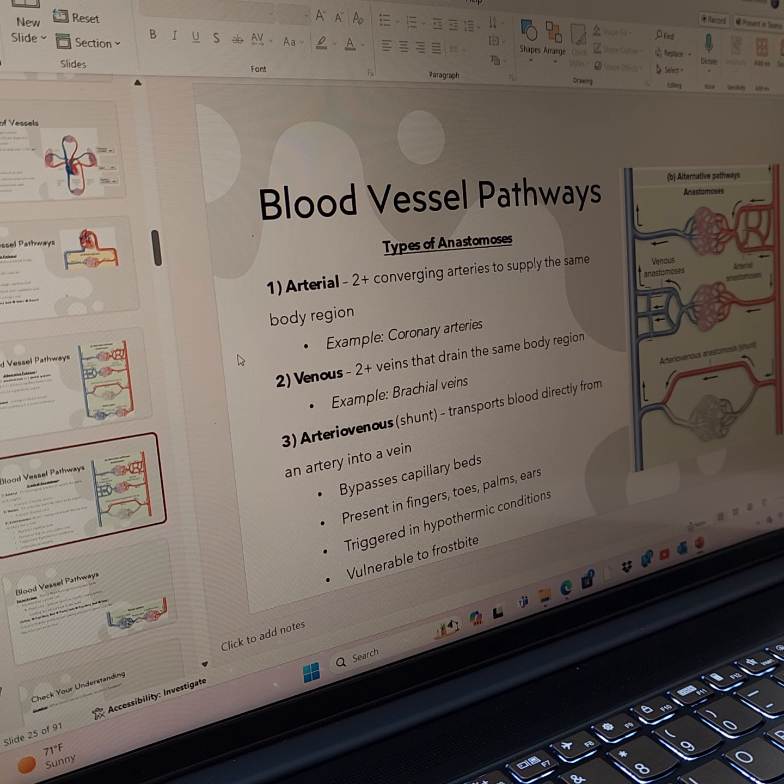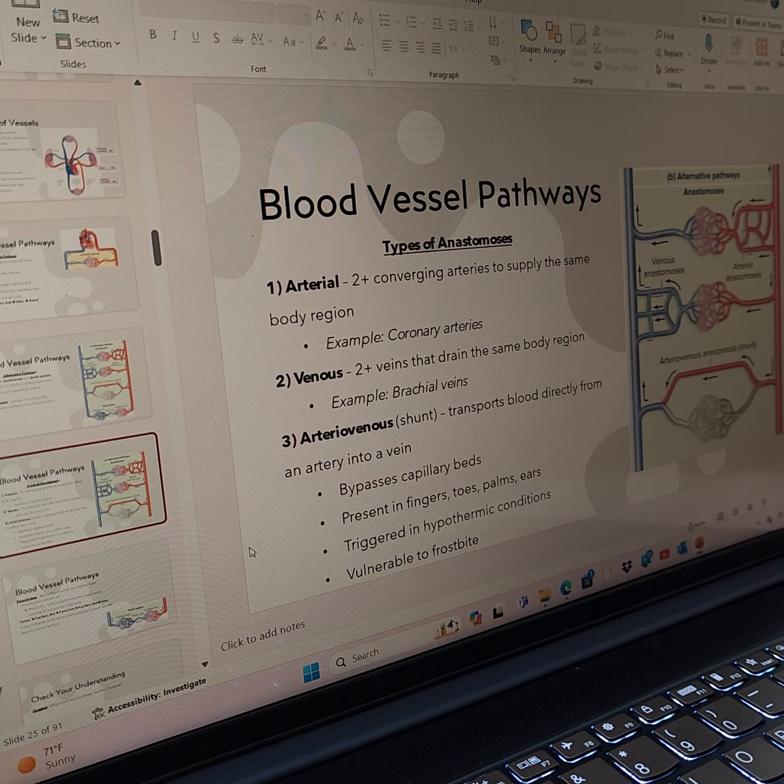There are three types. Arterial: two or more converging arteries supply the same body region. This happens with the coronary arteries. Venous: two or more veins drain the same body region. This happens in the brachial veins.